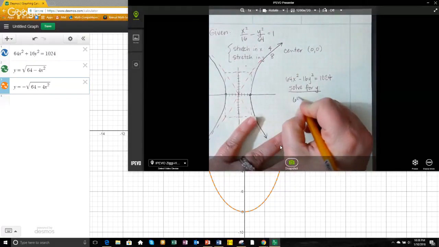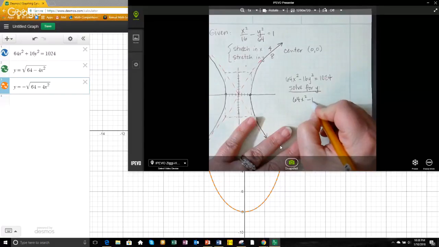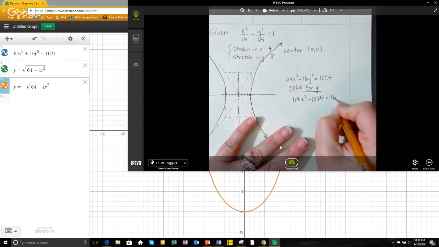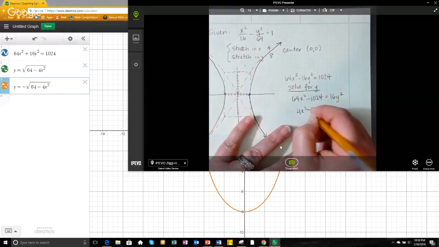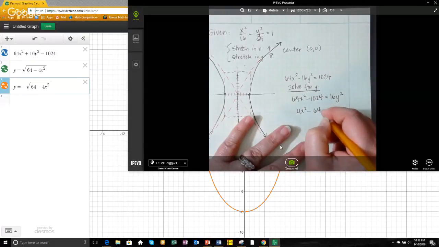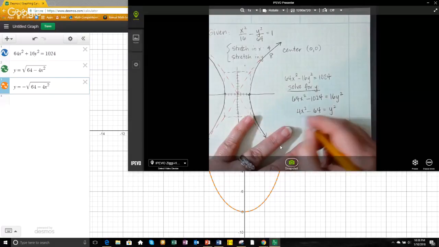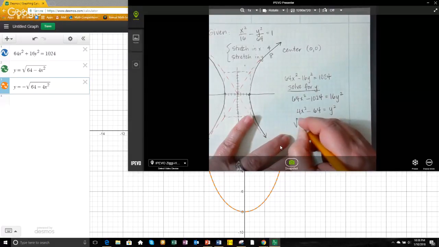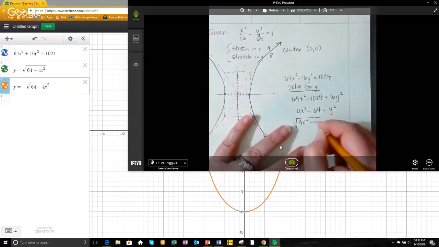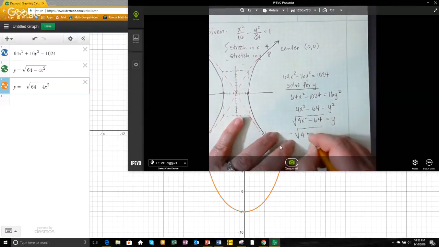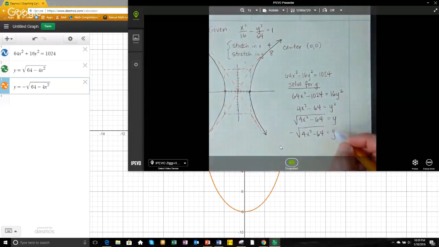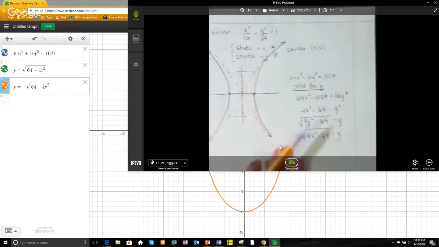So this would be 64x squared minus 1024 equals 16y squared. And then divide everything by 16 and we get 4x squared minus 64 equals y squared. So y equals the square root of 4x squared minus 64, and then we have the negative square root of 4x squared minus 64 equals y. So these would be the two implied functions inside this implicitly defined equation.